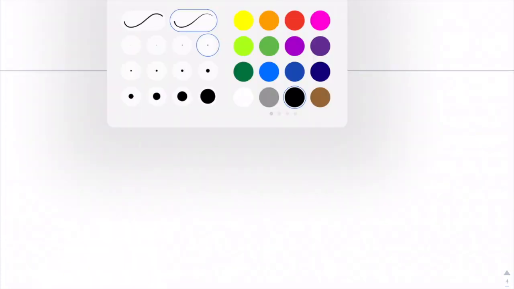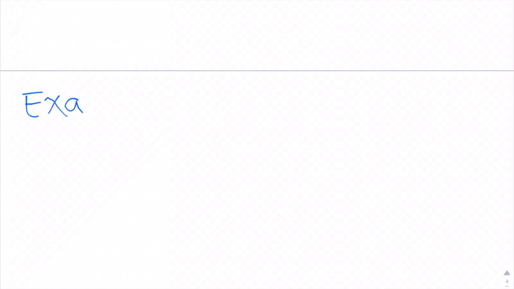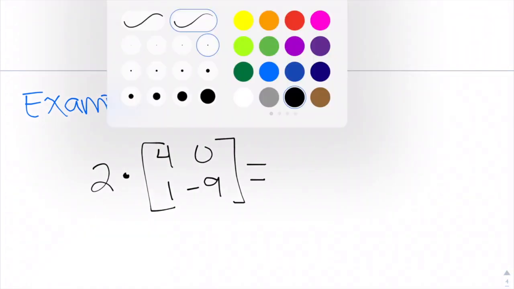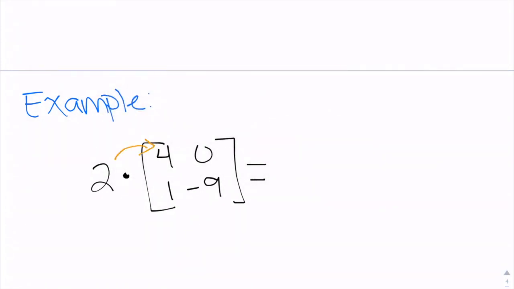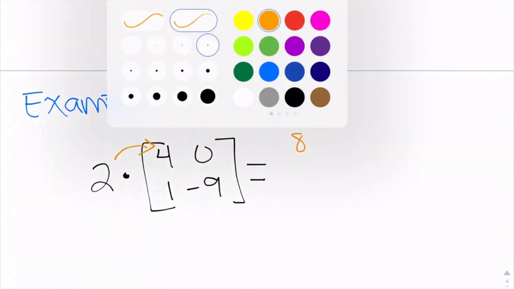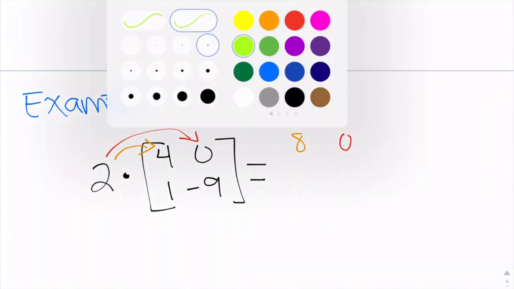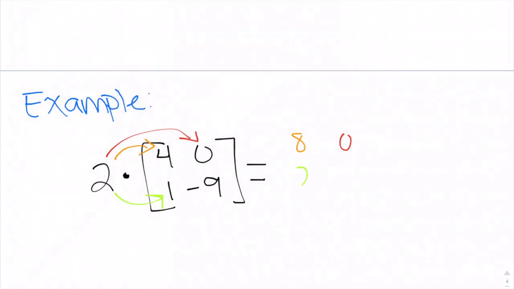So if we do an example, I'm going to take the constant of 2 times the matrix, and so I'm going to start with saying 2 times 4 is 8, 2 times 0 is 0, 2 times 1 is 2, and 2 times negative 9 is negative 18.